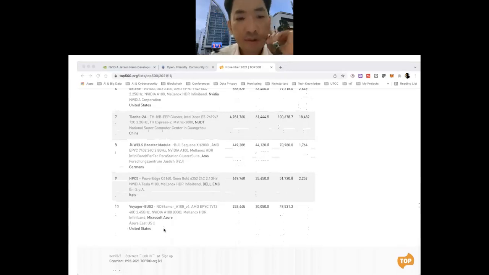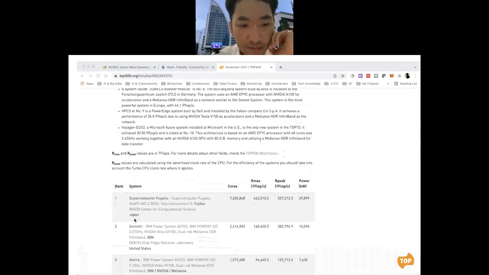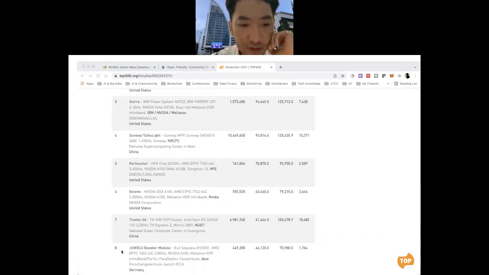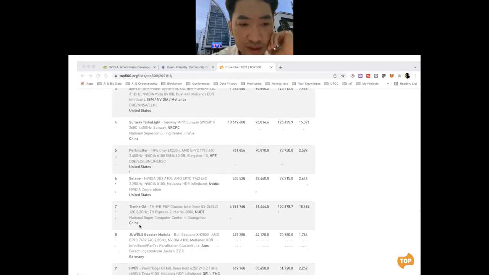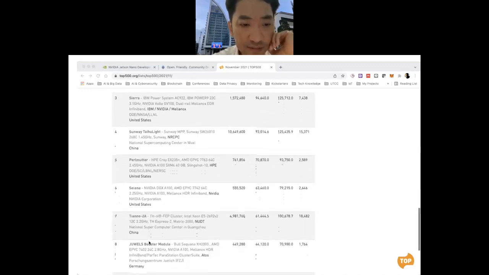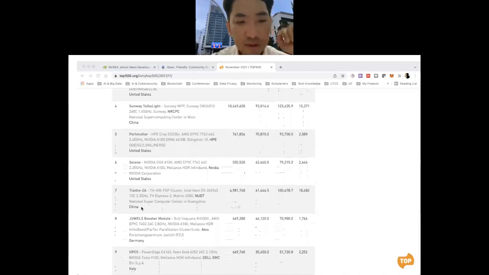And who else? Japan and China also have very good supercomputers. China is on number 4 and number 7. And 3 or 4 years ago, Tianhe was the world number 1, but nowadays it is number 7. So I think many countries are developing supercomputers.